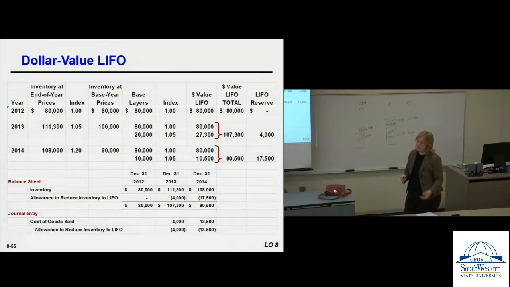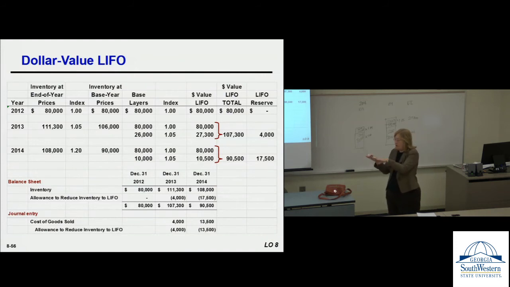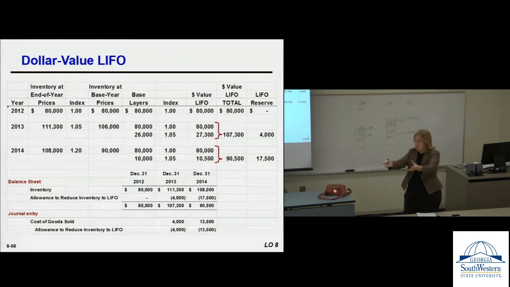Yeah. And the two purposes of it, number one is to use LIFO to lower your taxes. Number two is to use dollar value LIFO so that you have a big pool of goods and you're not worried so much about the spinach and the spaghetti and that kind of stuff. You're worried about the big pool. And it's easier where you're not worried about each one going up and down, but your inventory more as a total.